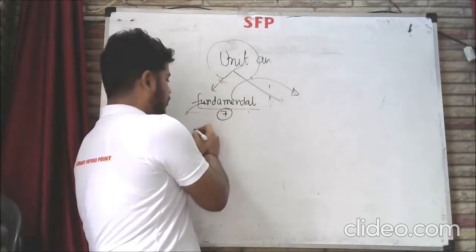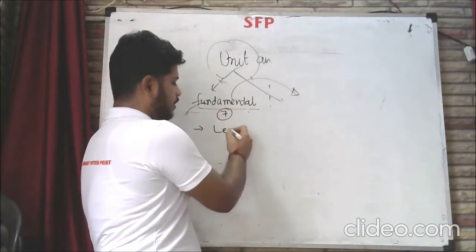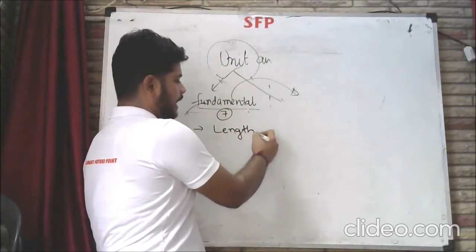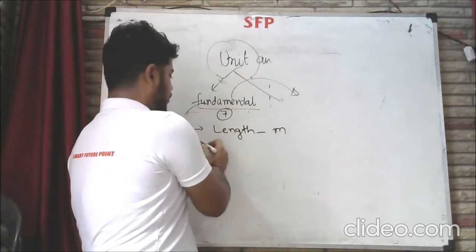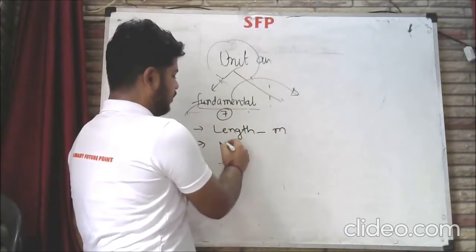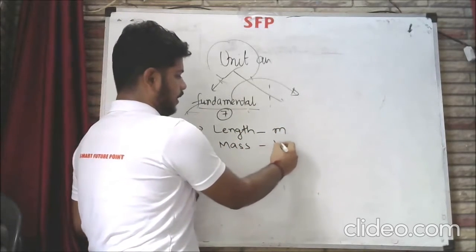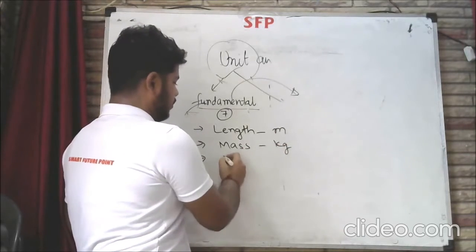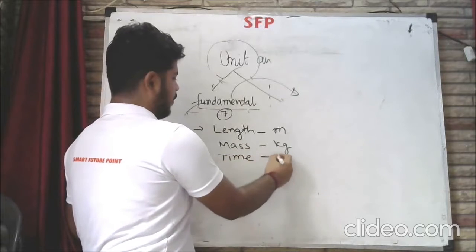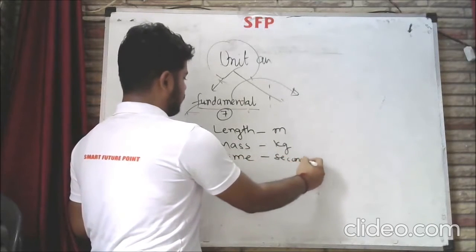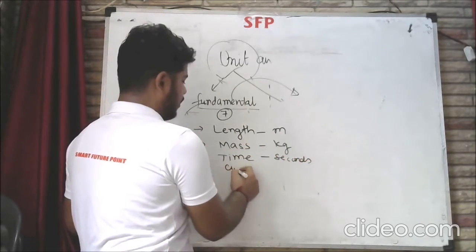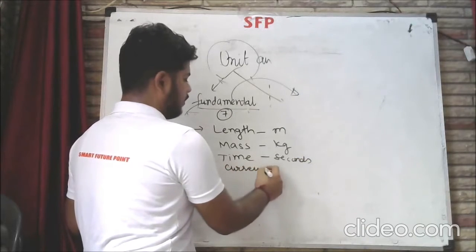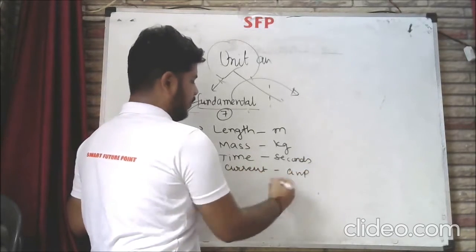For example, the first fundamental unit is to measure length, that is meter. Second, to measure mass, that is kg. Third is time, that is seconds. Fourth is current, measured in amperes.